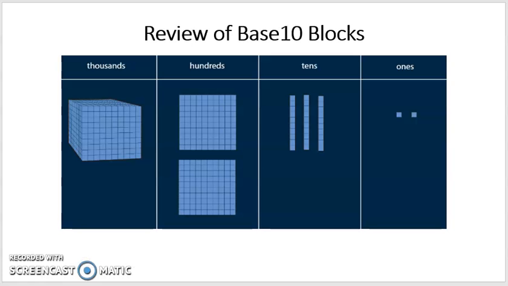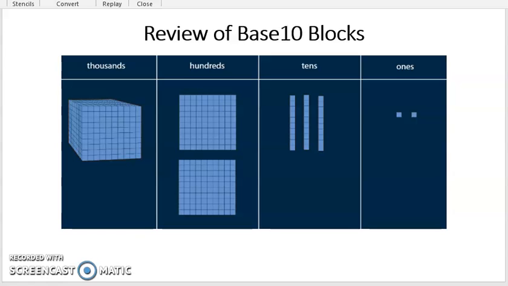In our class, we have already examined base 10 blocks. Many of you found them to be a very useful tool for representing numbers and for doing operations with numbers, both in base 10 and in other bases.